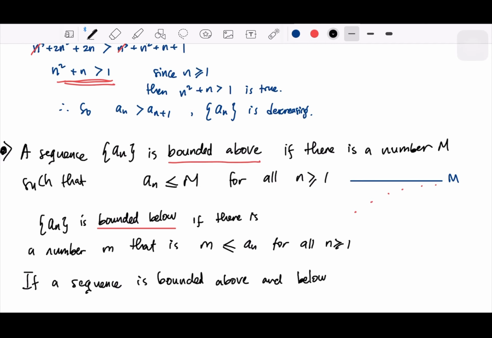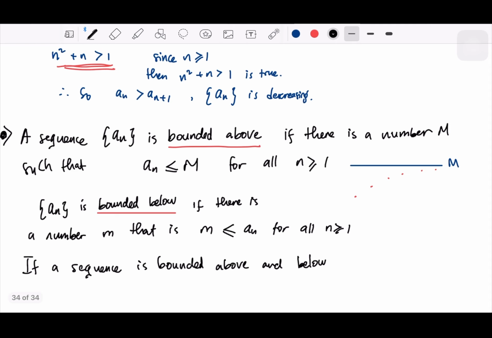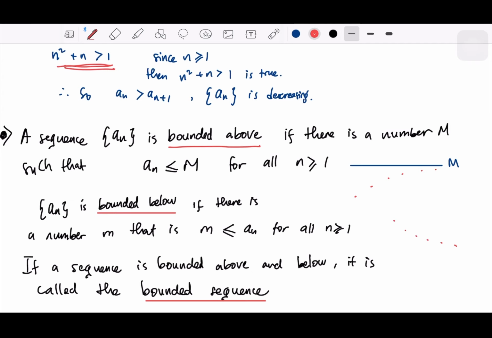And if the sequence is bounded above and below, then it is called a bounded sequence. And for the bounded below, you can look at it maybe like this, and maybe there will be some small m here.